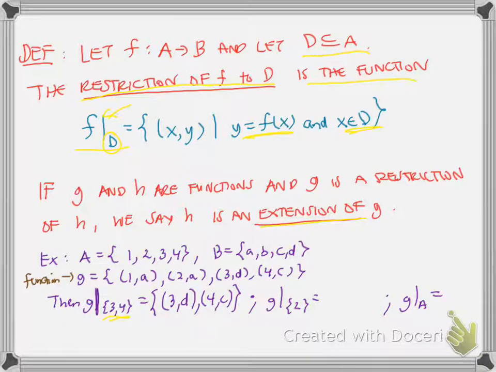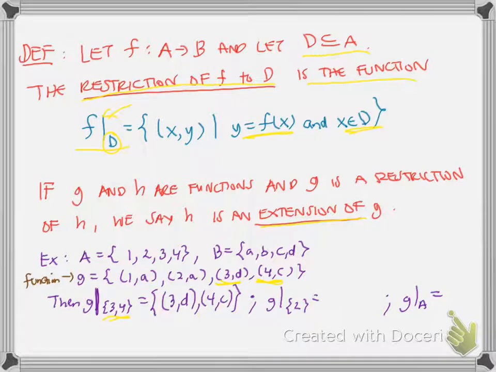When the input is 3, it goes to d, and when the input is 4, it goes to c. We're just restricted to those two elements, so it becomes this new function. It's a subset of the original function, but it's also a function. Hopefully that made sense.